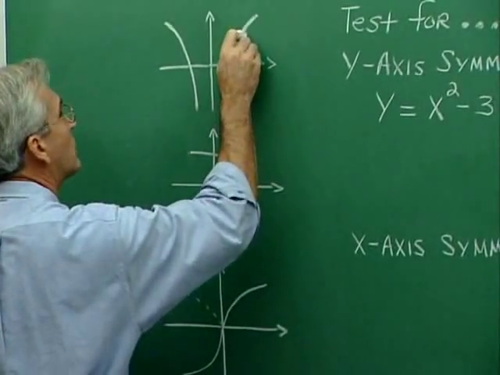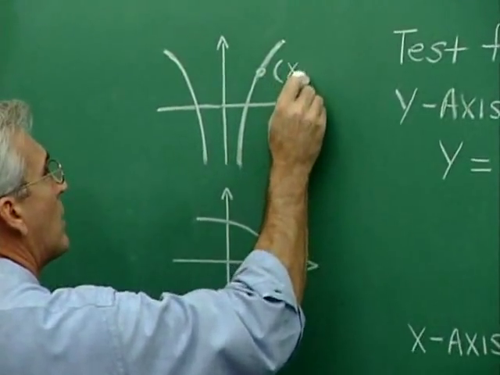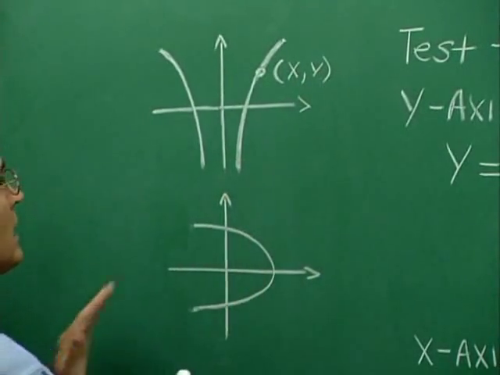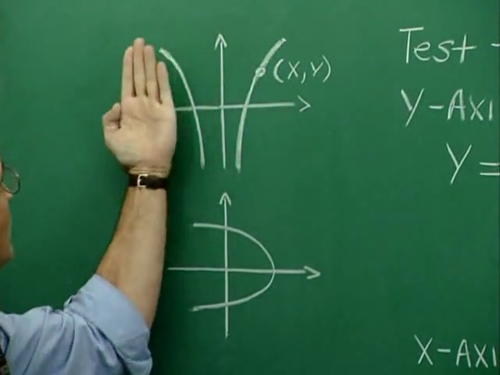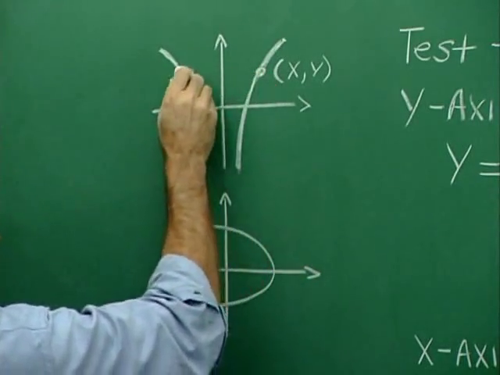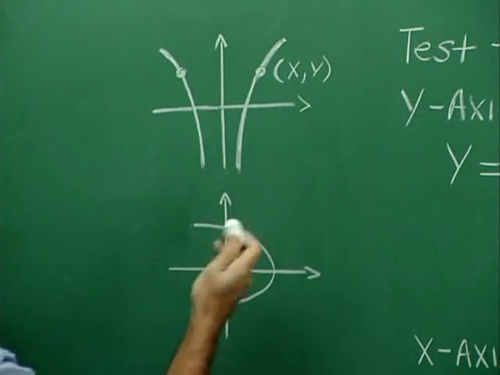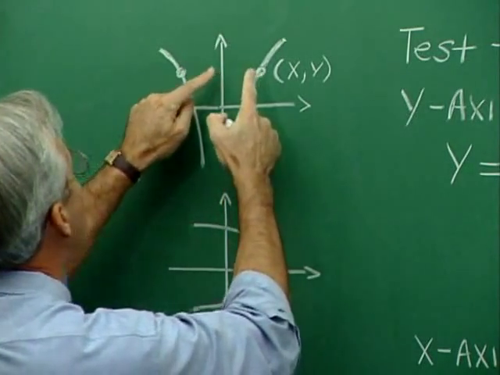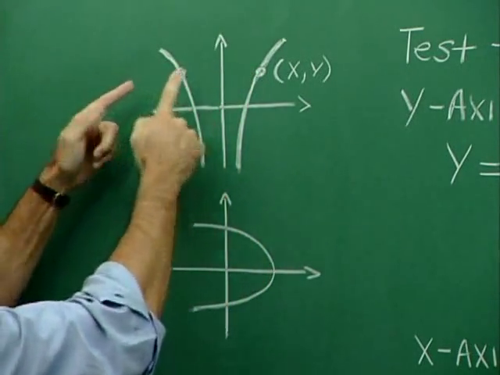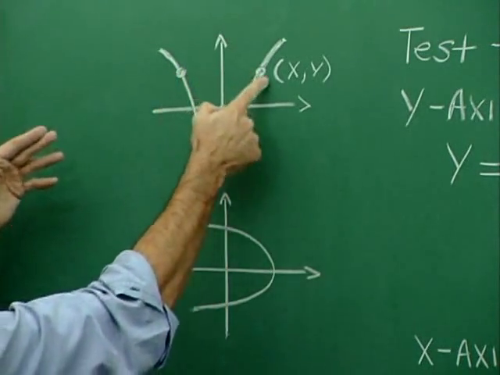Suppose I take an arbitrary point on this part of the graph, and the coordinates of that point are x, y. And I make this fold. Where does this point end up? It ends up right over here. Now, what are the coordinates of that point? All we did was fold along the y-axis, so the x component just came over here, and now it's the negative of that x.